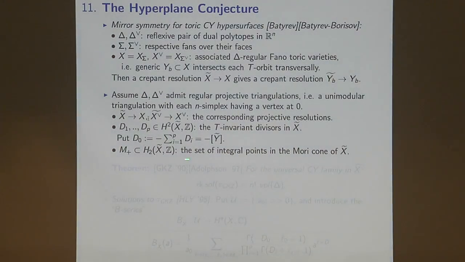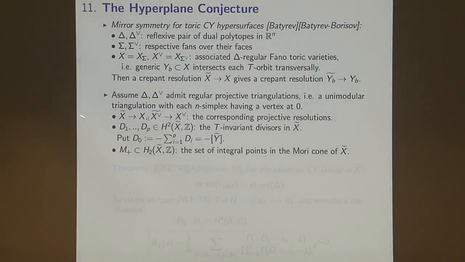Okay, a little bit more notation. I'm going to call the projective resolution and put a tilde on it. For one of them, I'm going to be a bit biased. The conjecture is going to involve both manifolds, but much of the geometry is going to occur on the X tilde side, at least for the focus of this talk.